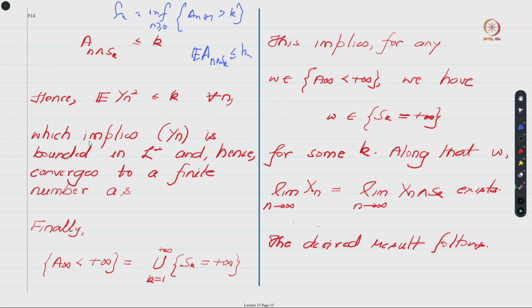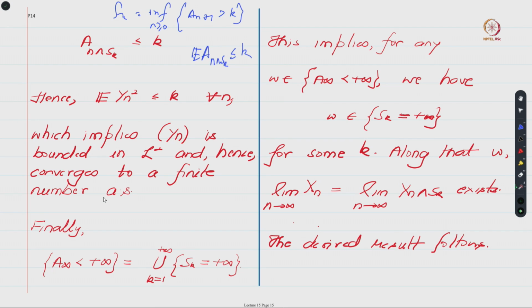While the given X_n process was not told to us to be bounded in L2, one can show that the stopped process is actually bounded in L2. Now if you remember one of the first results that I discussed in today's class, we can invoke that to conclude that Y_n converges to a finite number almost surely. So what we wanted to show is that X_n converges.